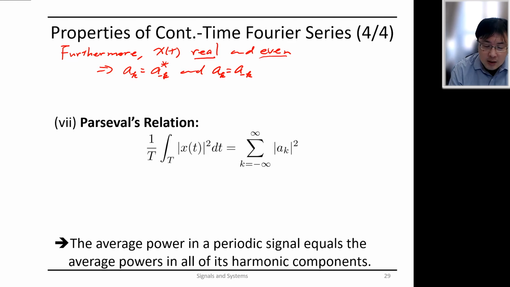This implies that ak is also real because a minus k must be equal to its complex conjugate, and that it is even.